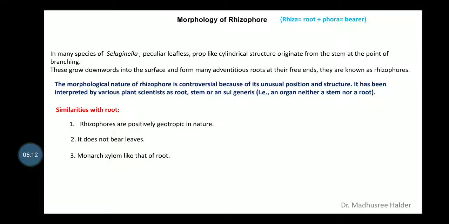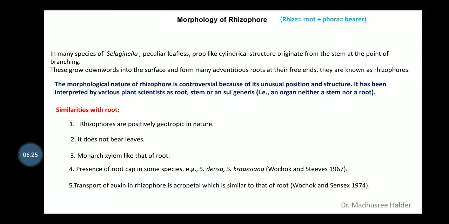It has monarch xylem like that of a root. There is presence of a root cap in some species like Selaginella densa and Selaginella kraussiana, as reported by Ochok and Steves in 1967. Next, transport of auxin in the rhizophore is acropetal, which is similar to that of a root, also reported by Ochok and Sensex in 1974.